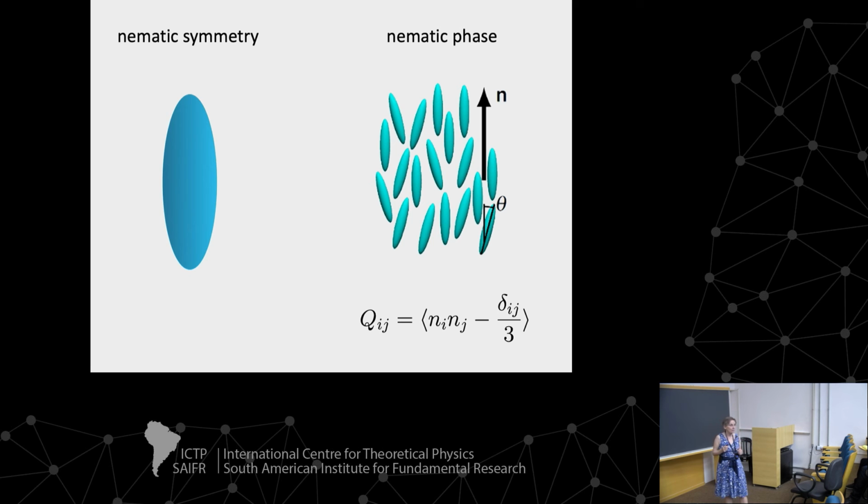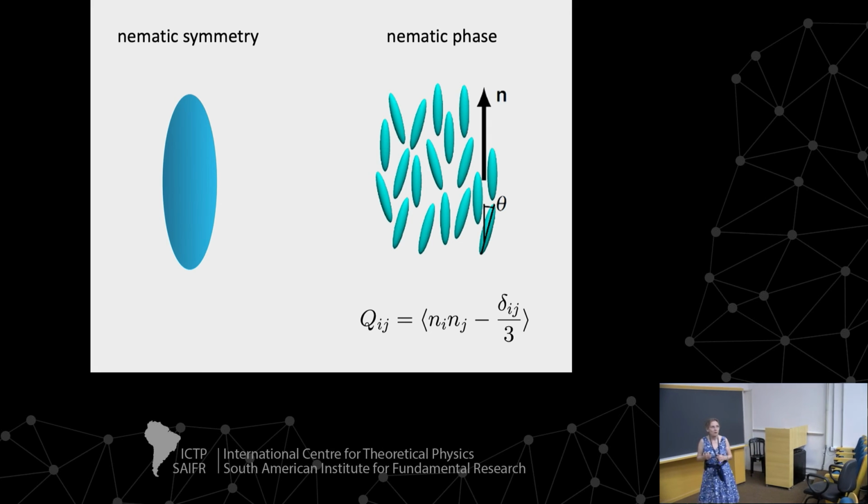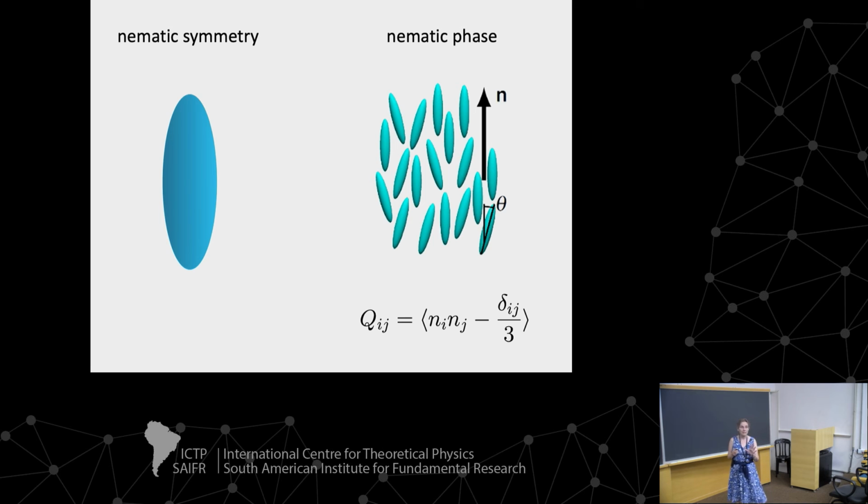So it tells me a bit more about the ordering, but the details are perhaps not very important. So we've got this nematic described by an order parameter Q, and Q has 0 elements in the isotropic phase, and in the ordered phase, the largest eigenvector is the direction, and the largest eigenvalue is how ordered it is.